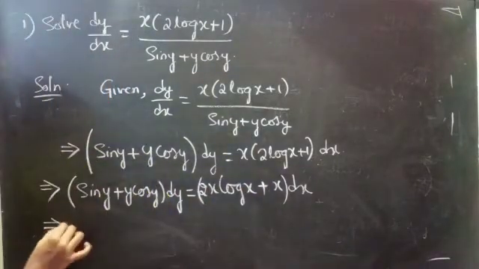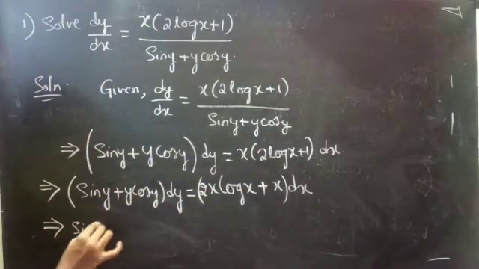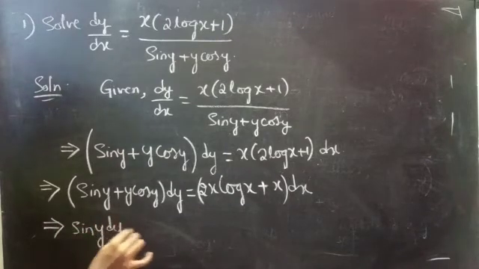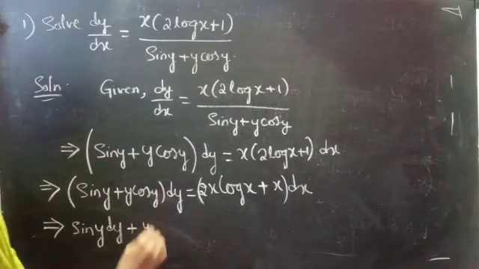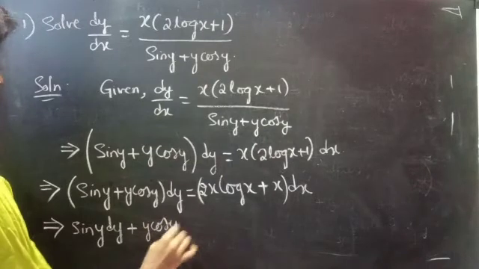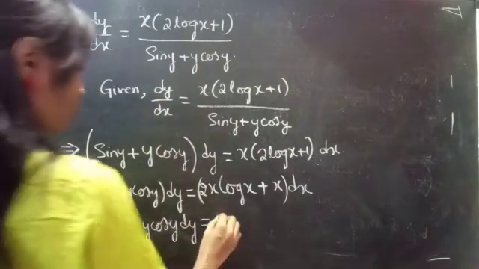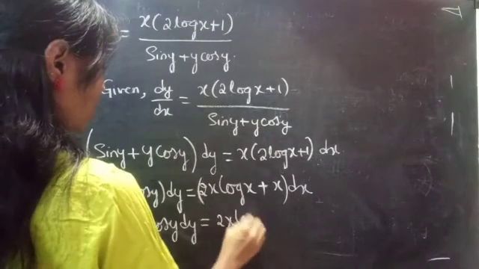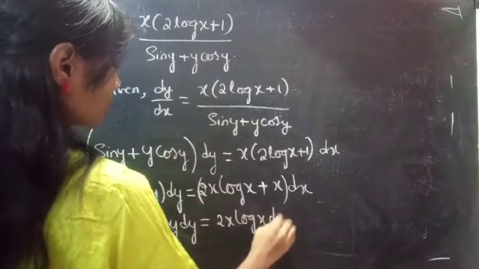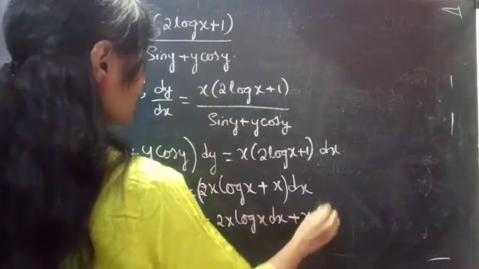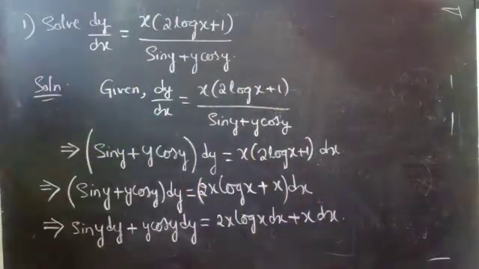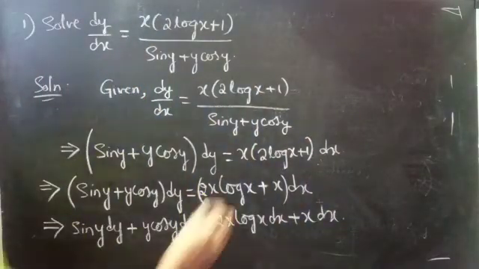So, this can be written as sine y dy plus y cos y dy, which is equal to 2x log x dx plus x dx. Okay.